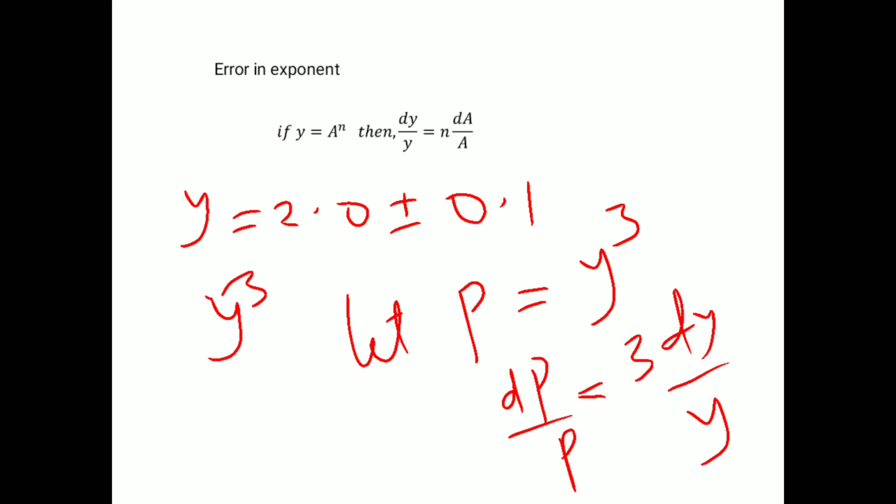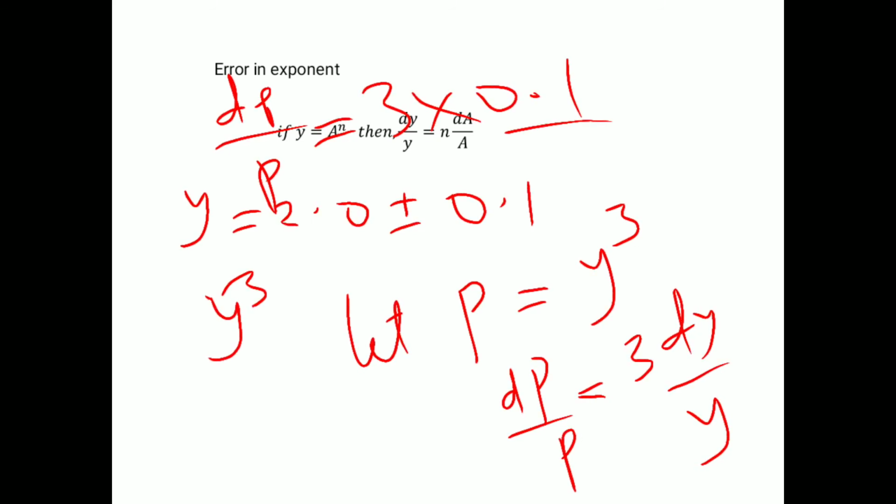So my relative error in p, dp over p, will be equal to 3 times the error in y, which is 0.1, all over y itself, which is 2.0.